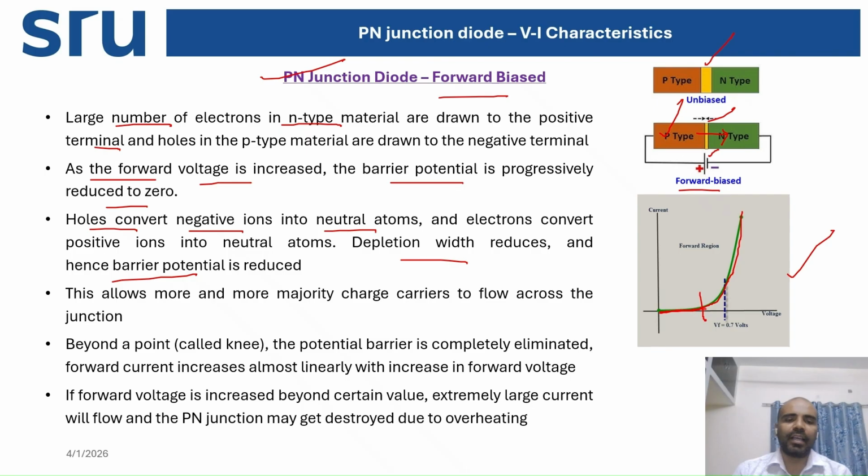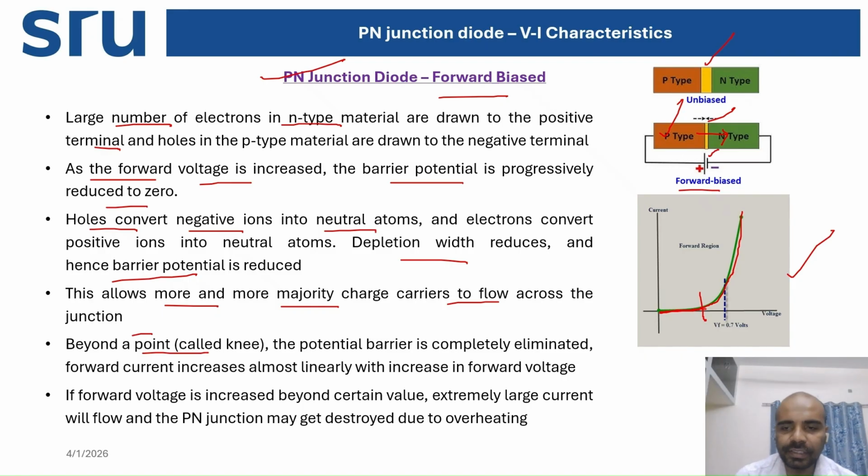If the depletion region reduces, it allows more majority carriers to flow across the junction. The majority carrier for the N region is electron, and for the P region is holes.